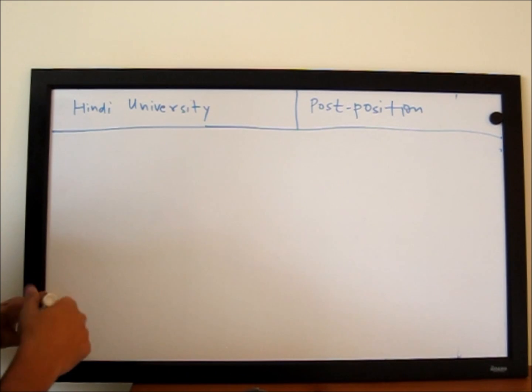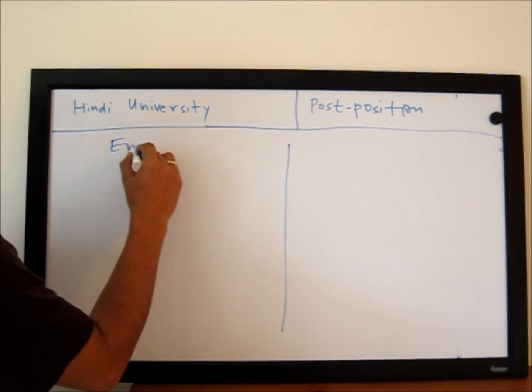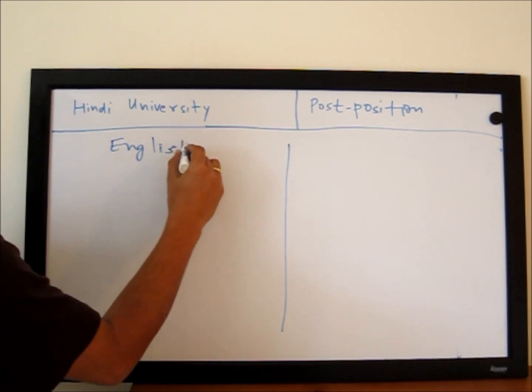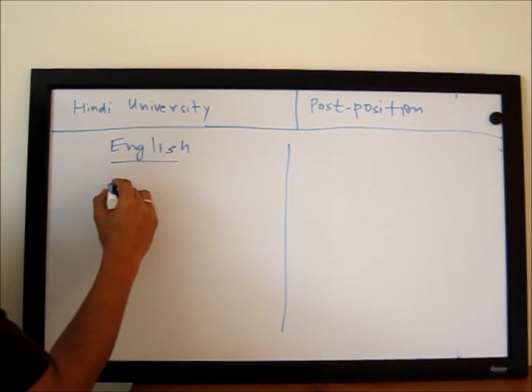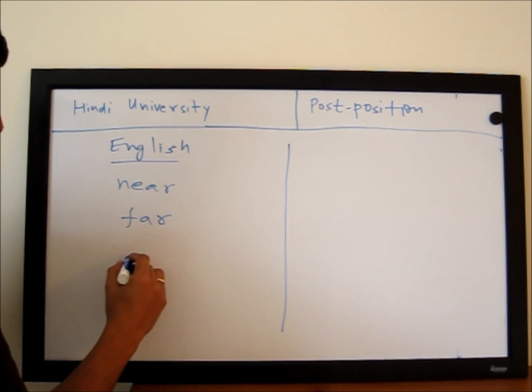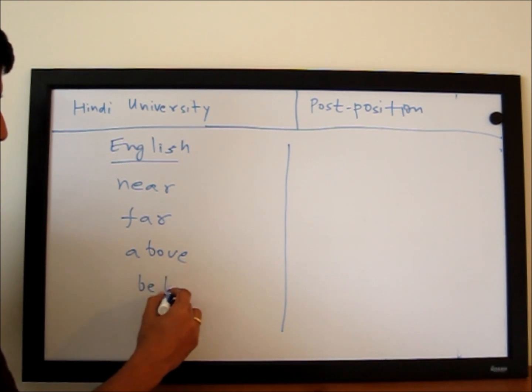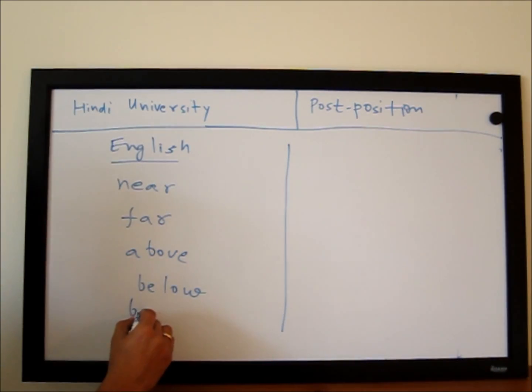So what are some of the compound postpositions in English? To give you an idea, it will be, let's say, near, far, above, below, before, after.